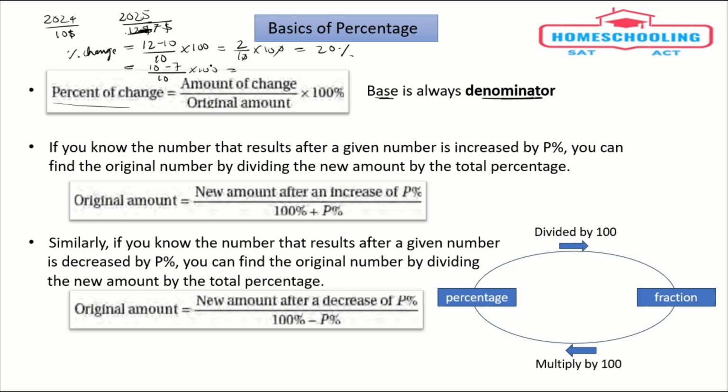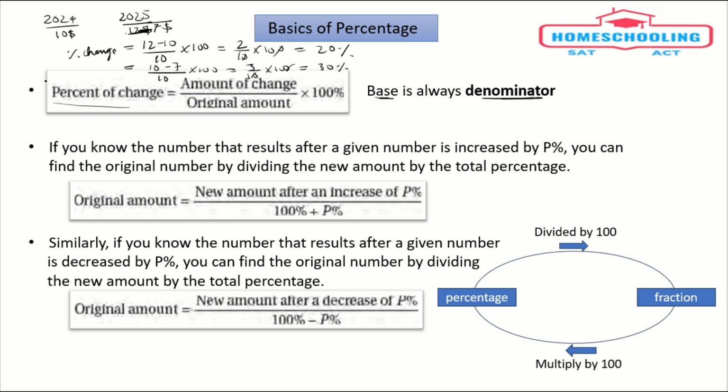So the percentage reduced is 3 by 10 into 100, that would be 30%. So percentage change can be increased, or percentage change can be decreased.